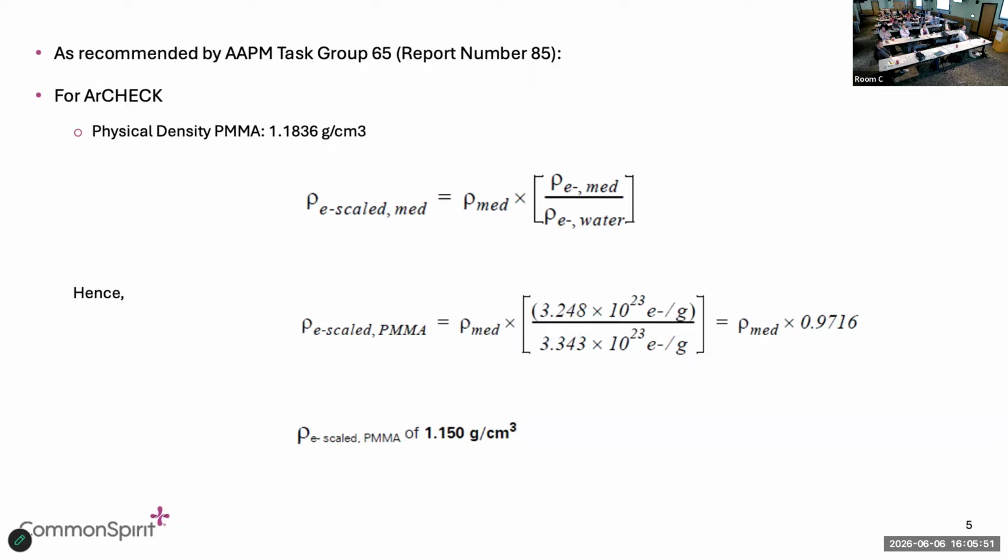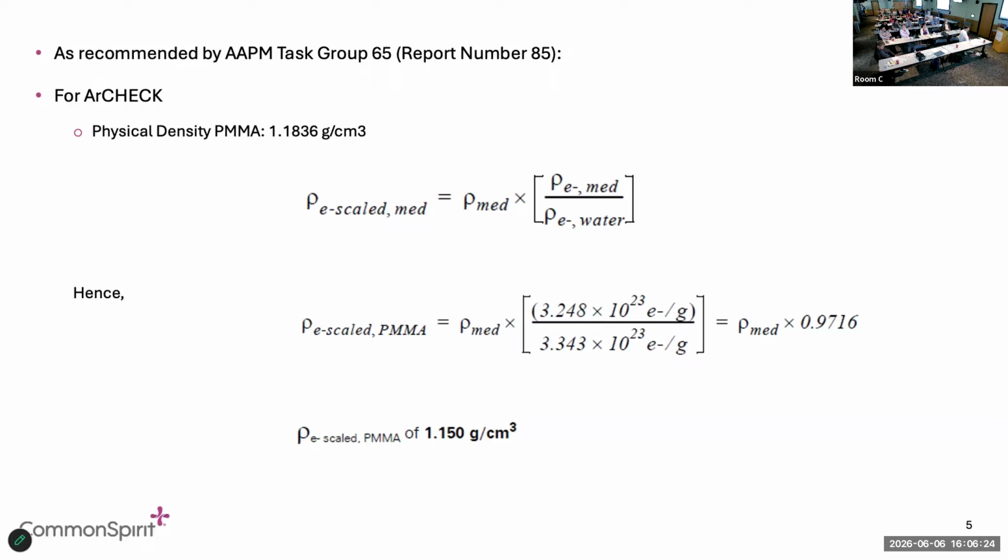So we have to go back to TG65, and it turns out that if you take into account that it's not human tissue, and the reason it's different, and I'm not an expert on this, but my understanding is that the Compton range is where primarily we're treating. So in that range, the relative electron density is what affects the dose.